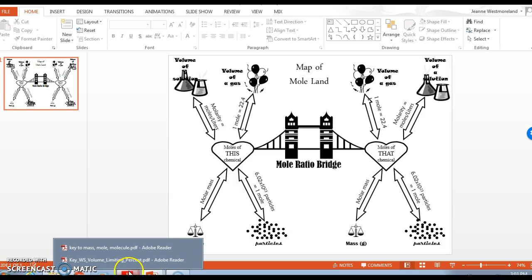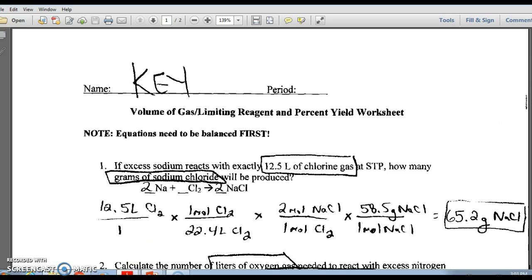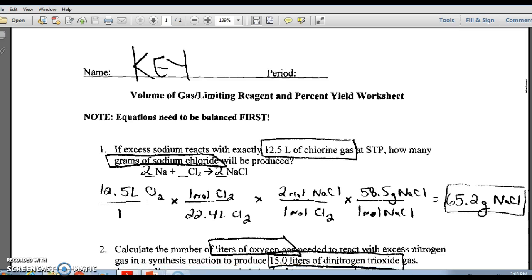So let's look at a problem from the worksheet on volume, limiting, and percent to demonstrate the volume of a gas calculation. So if we look at number 1 here, it says if excess sodium reacts with 12.5 liters of chlorine gas at STP, how many grams of sodium chloride will be produced?